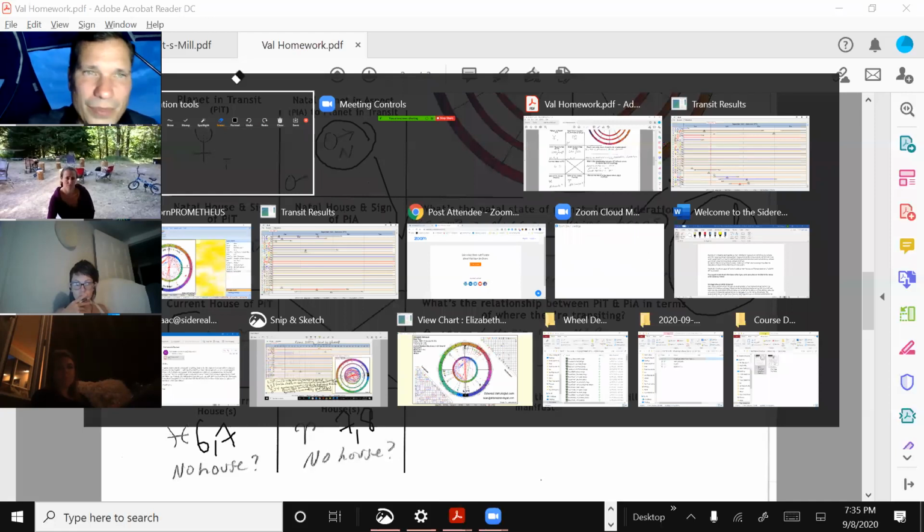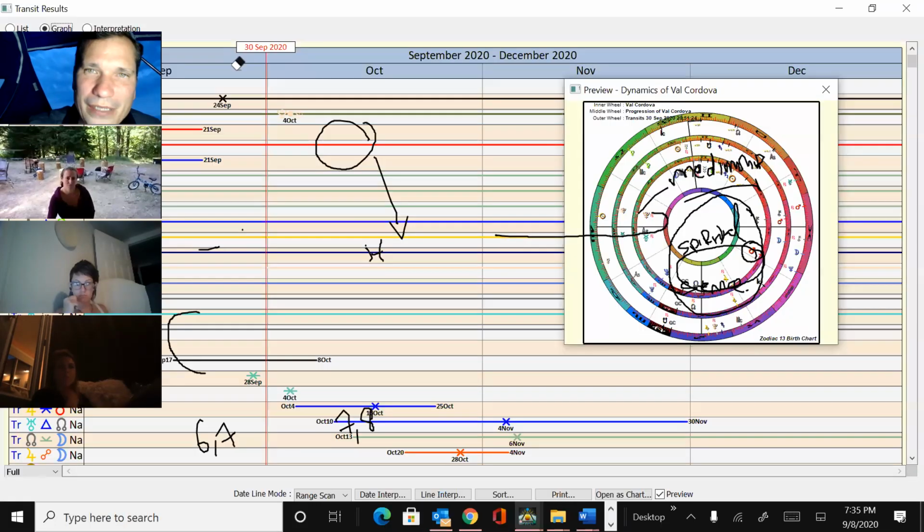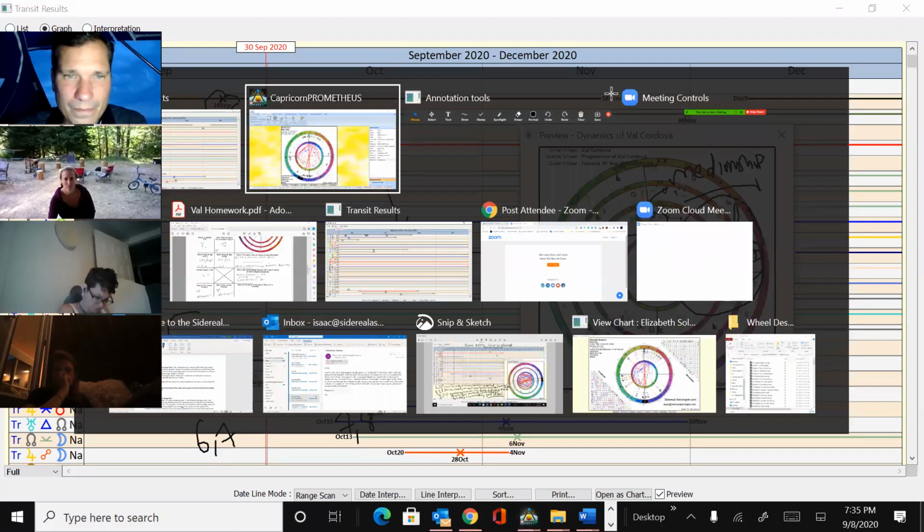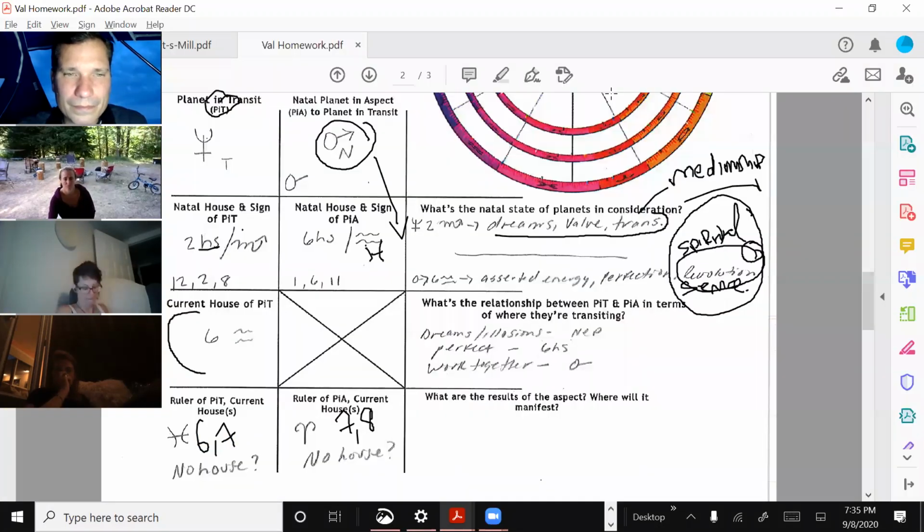On September 24th is when you're going to feel a big jolt of it. And then it ends. When we look at that chart, I wrote Aries. So we're looking at the planet, which is Mars, the sign it rules, which is Aries, and then what house Aries is in the natal chart.